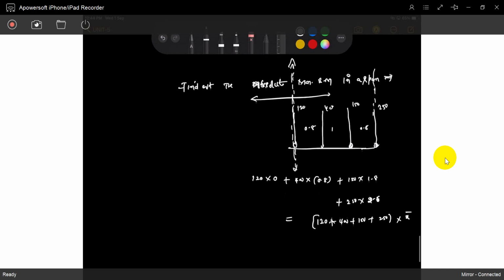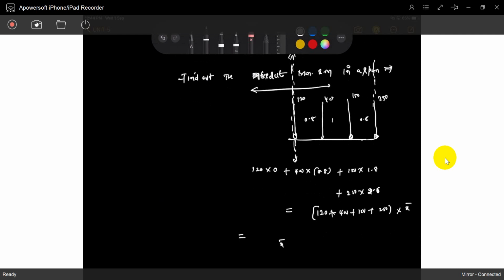So what is center of gravity? This x is equal to the total sum divided by the total value. What is that value? 520, 620, 670 plus 250, 920.